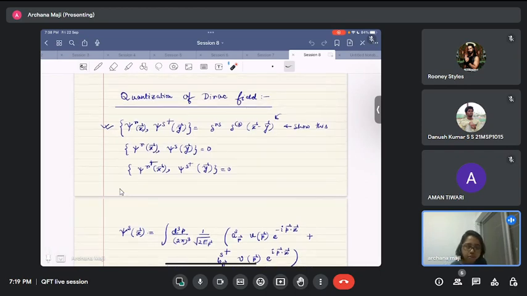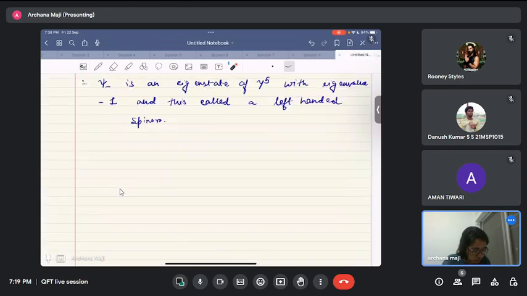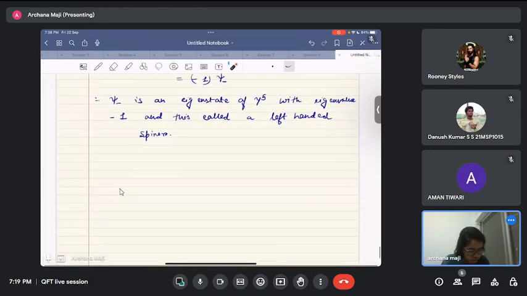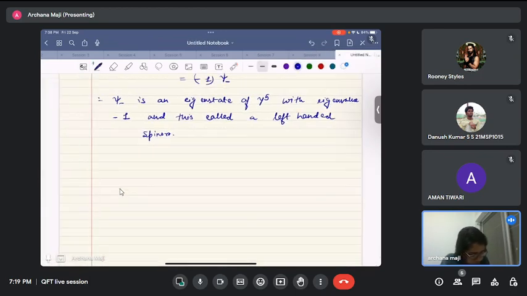Has any of you tried this? So let's start the quantization.